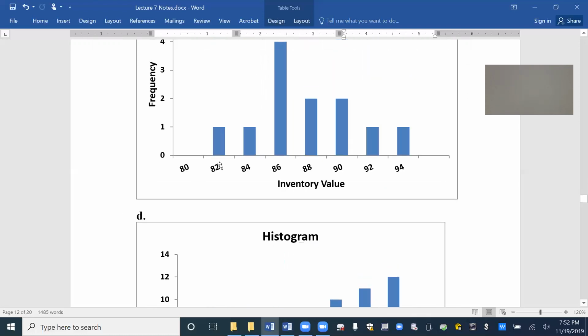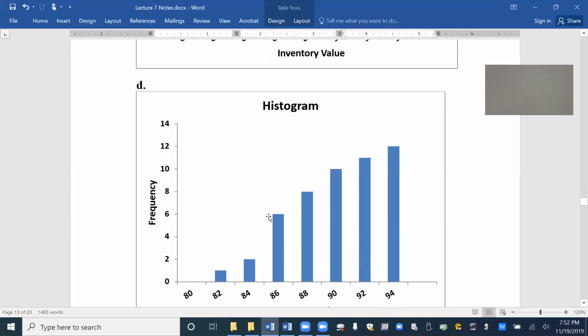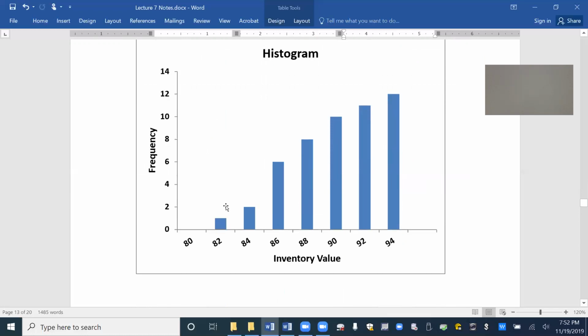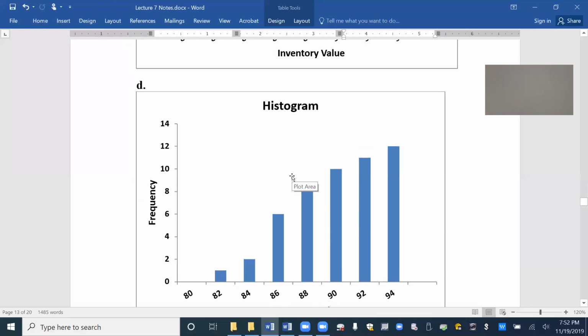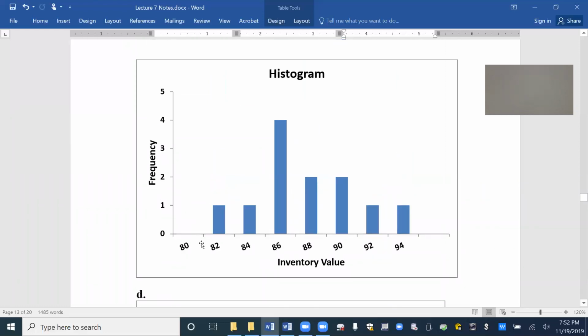All right. If we were to do a plot of the cumulatives, less than or equal to's, then you get a curve like this, and this shape is called an ogive curve. A stretched out S like this is called an ogive shape. On the histogram, how we read this is there was 1 greater than or equal to 80, but less than the next tick mark, 82.